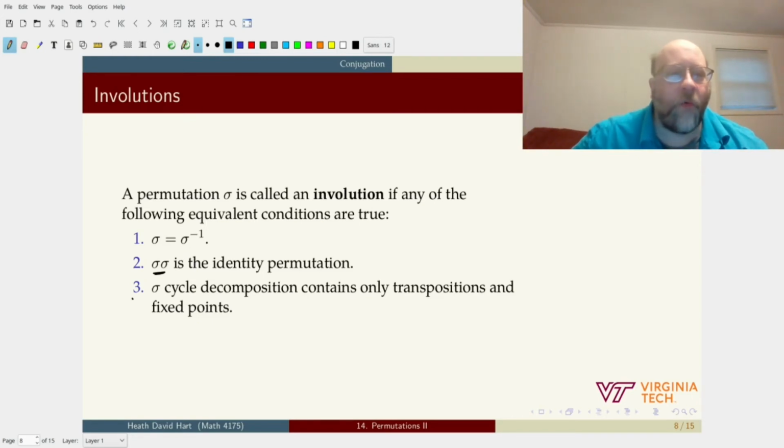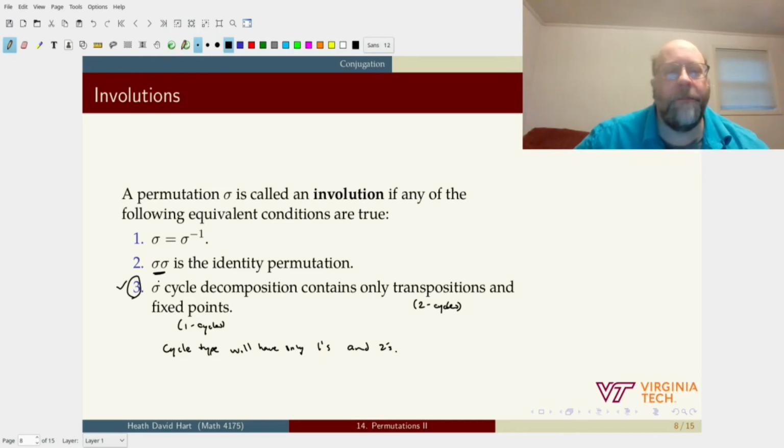A harder way of saying this, but this is correct, is that if I look at the cycle decomposition, it will contain transpositions, which are 2 cycles, and fixed points, which are 1 cycles. In other words, the cycle type will have only 1s and 2s.